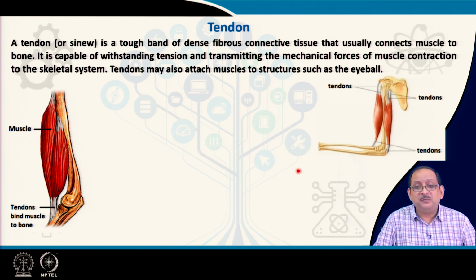It is capable of withstanding tension and transmitting the mechanical forces of muscle contraction to the skeletal system. The tendon may also attach muscles to structures such as the eyeball.